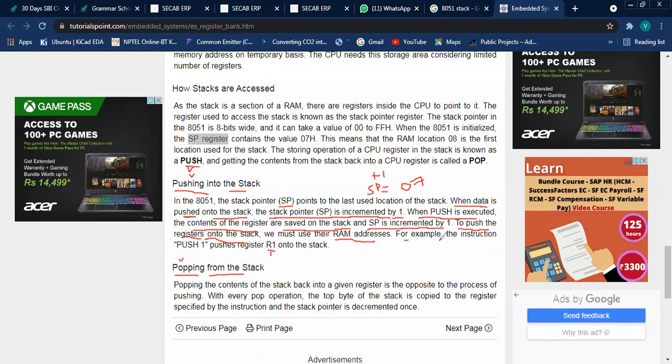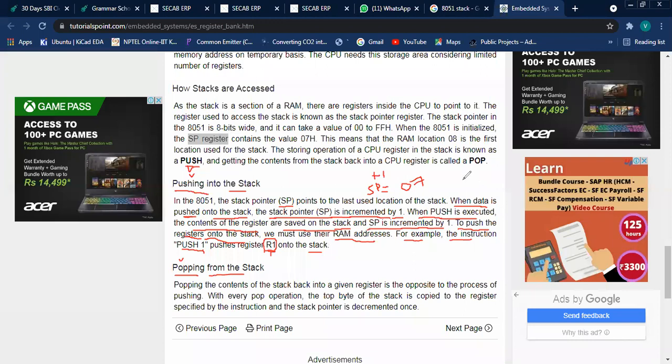Say for example, the instruction push 01. It means 01 is the address of the R1 register. Correct? So the value of R1 will be stored upon the stack.